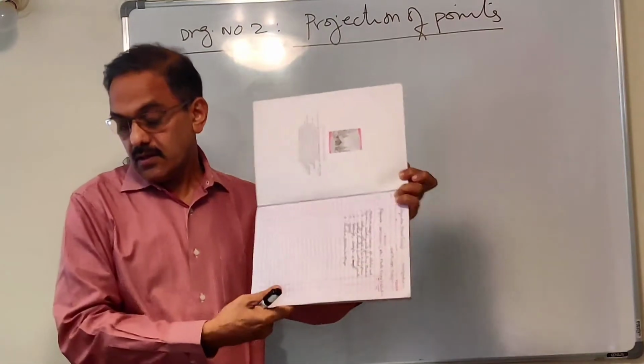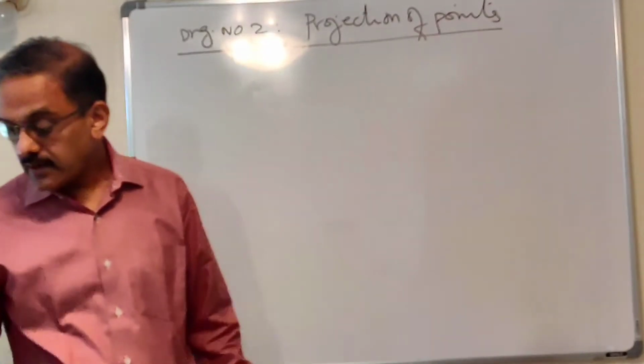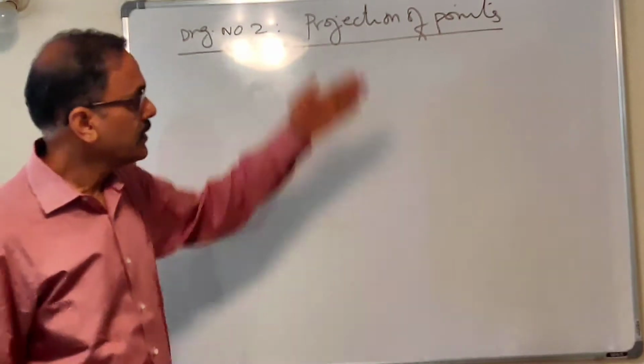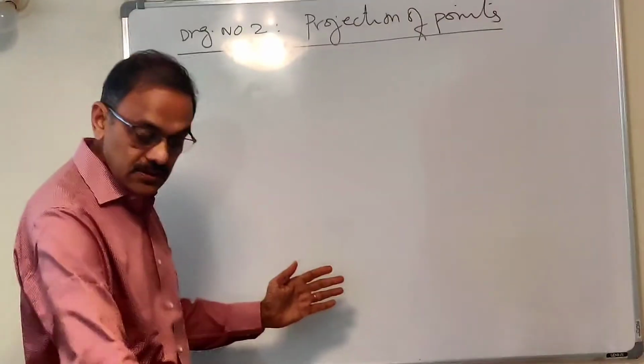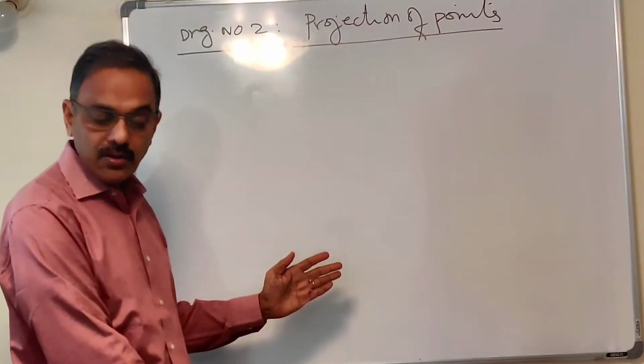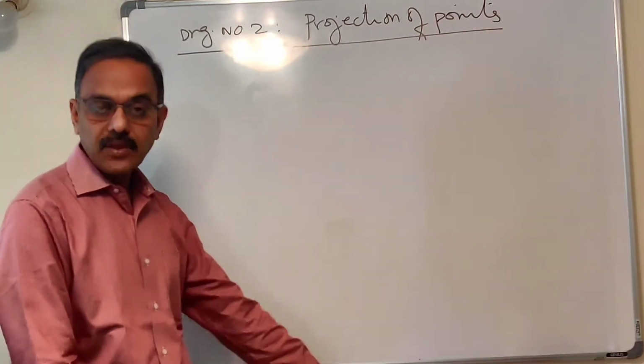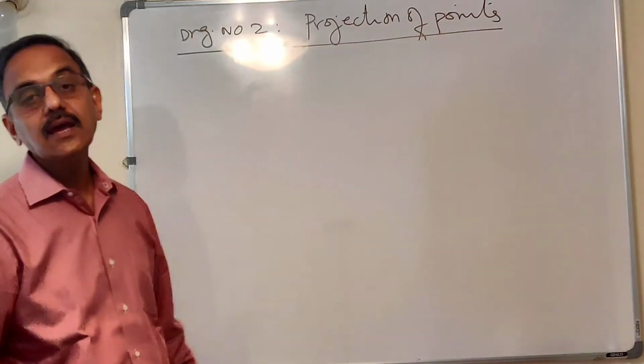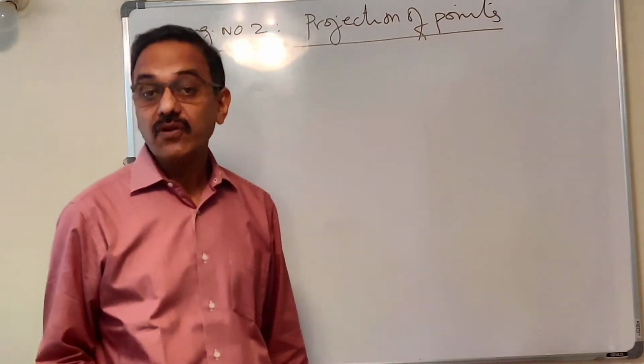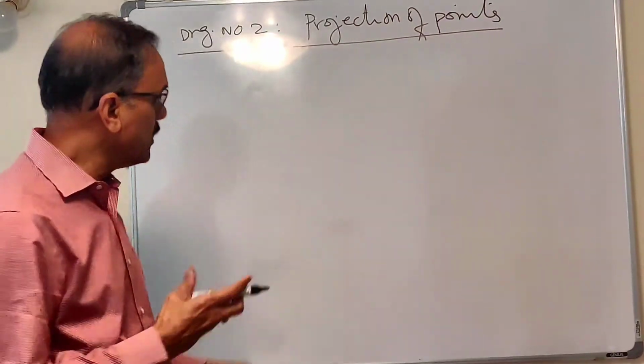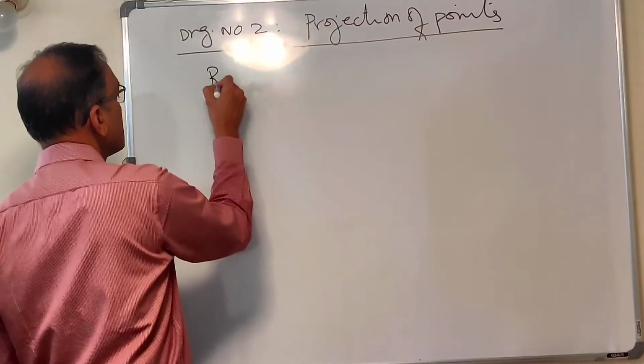So what is a reference line here? If you take a room, this is your VP and this is your HP, horizontal plane, ground. There is a line of intersection between VP and HP that can be considered as the reference line. So what is a reference line?